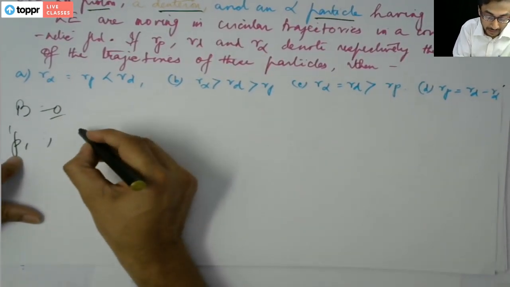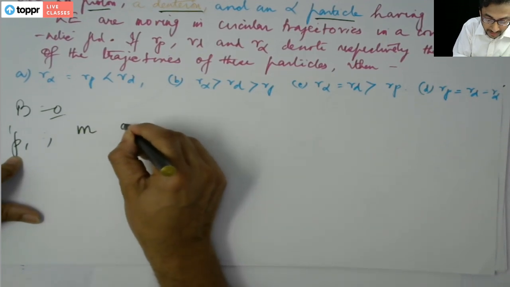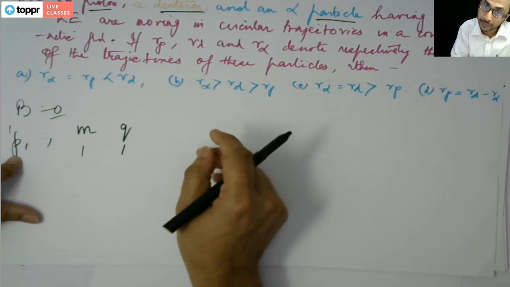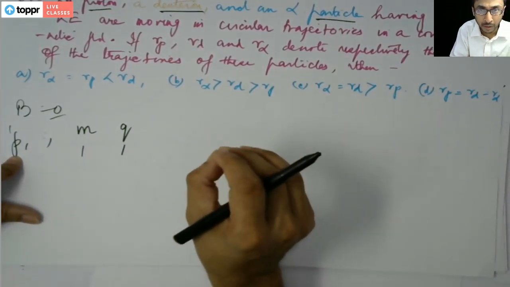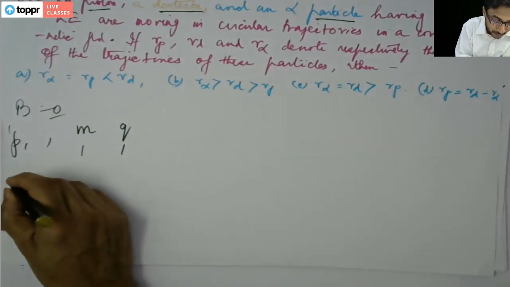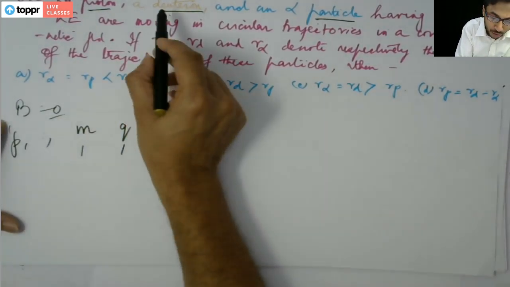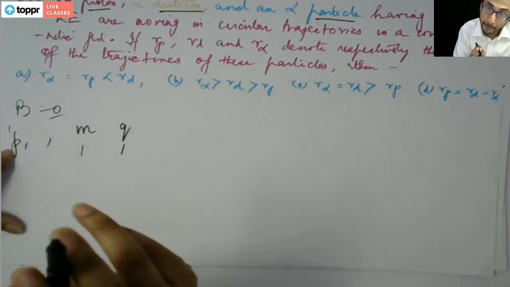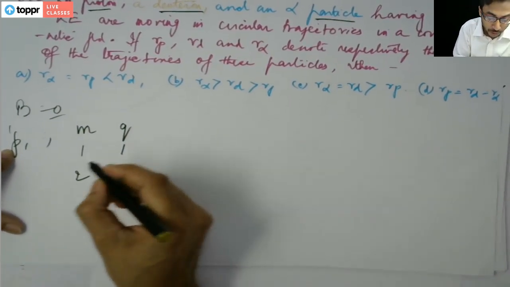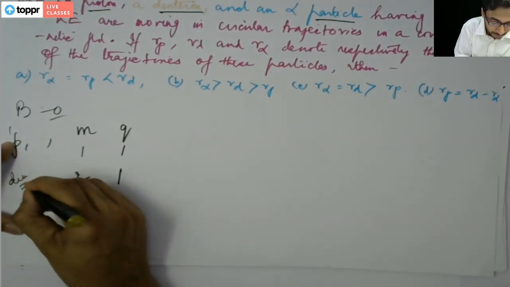Now proton is nothing but, what is the mass? Mass and charge. Mass is 1, charge is 1, right? I'm not denoting the exact unit. You are understanding what I'm trying to say. For a deuteron, deuteron is nothing but 1 proton plus 1 neutron. So charge will be 1, mass will be 2 for deuteron.